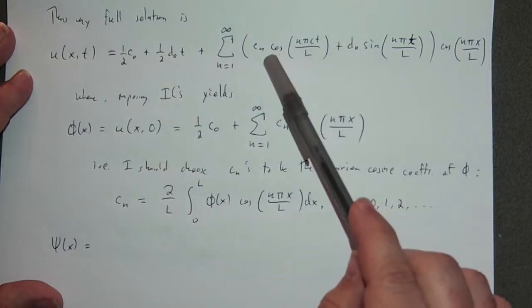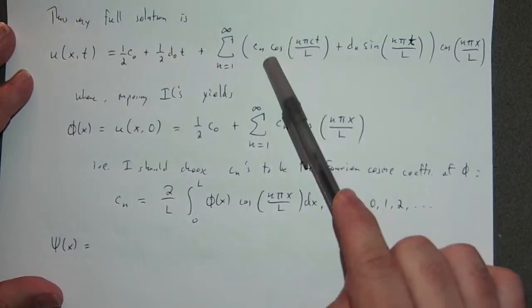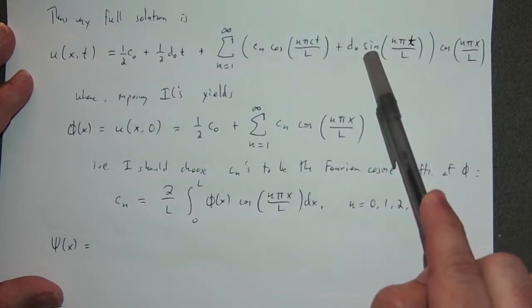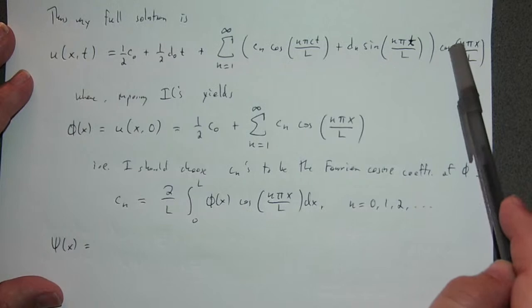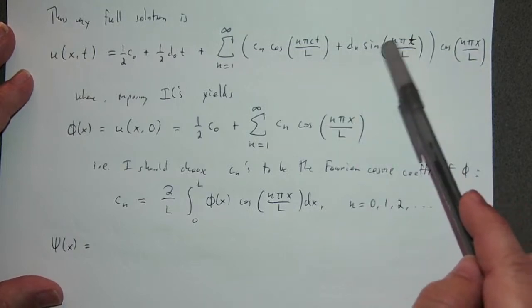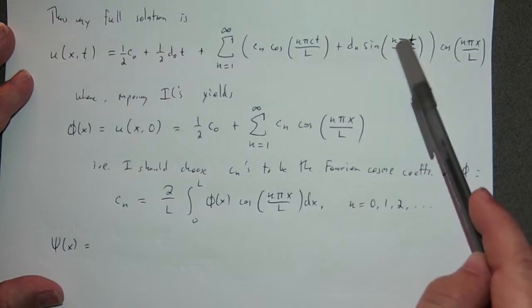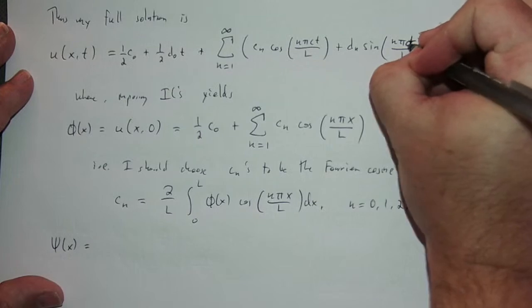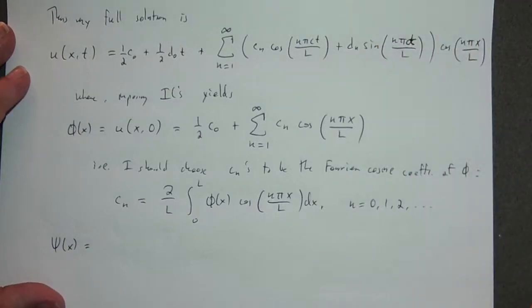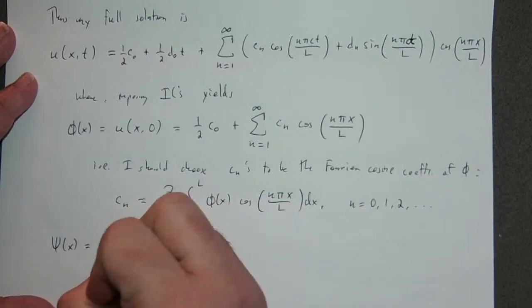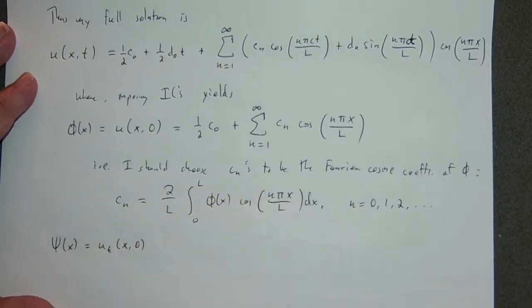Plus here, my cosines become minus sines. My sines become cosines. Doesn't hit this term at all because it only depends on t here. And so this becomes cosines, but I have an n pi c over L outside here.